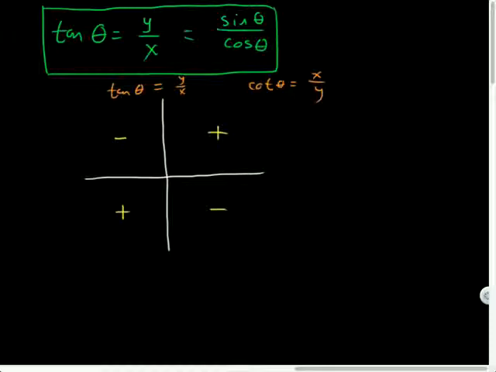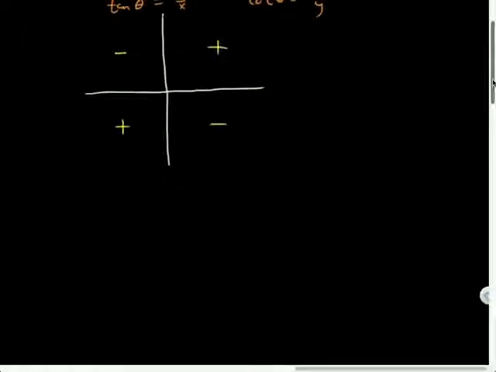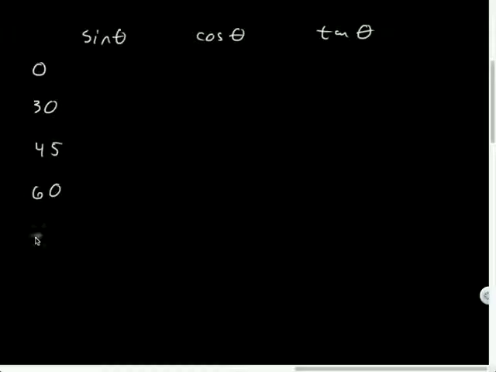Now, let me teach you a trick for our chart that we made earlier. Let's make our same chart: sine theta, cosine theta, tan theta. And this time I'm going to include 0, 30, 45, 60, and 90.